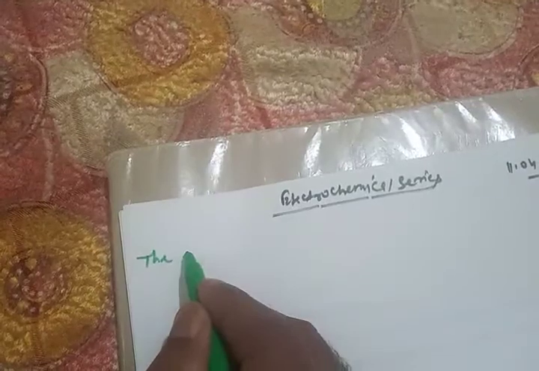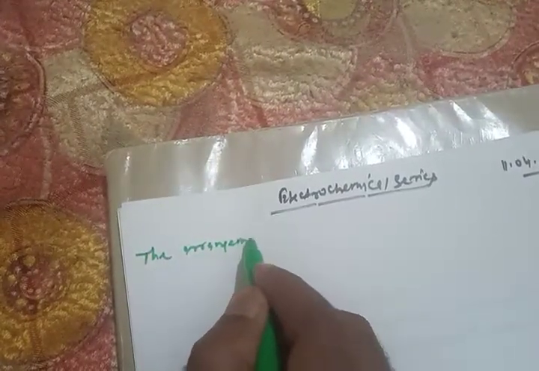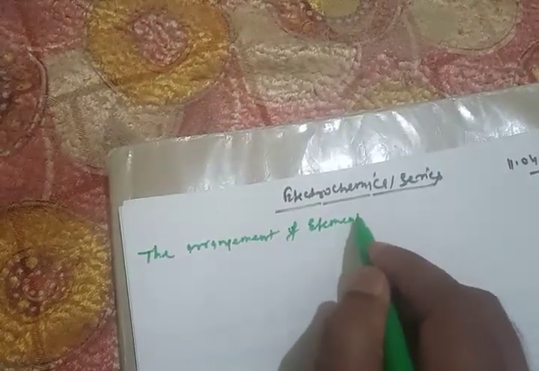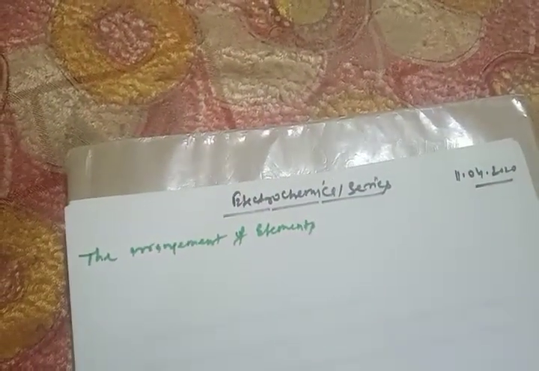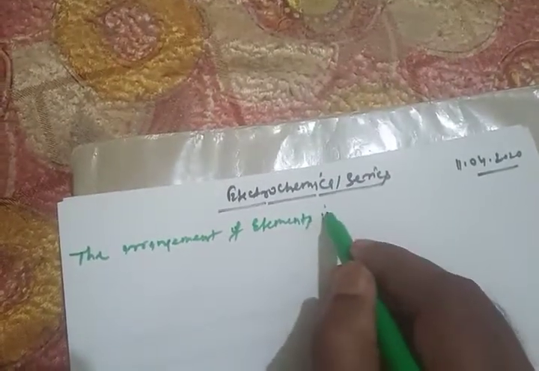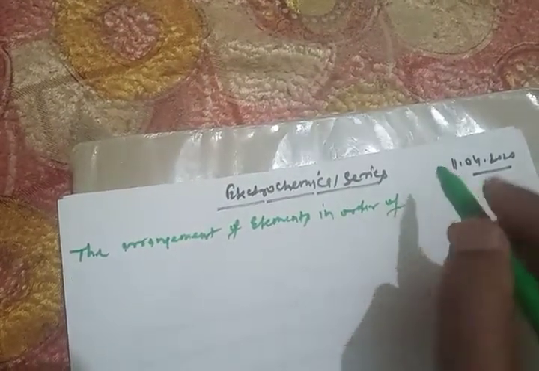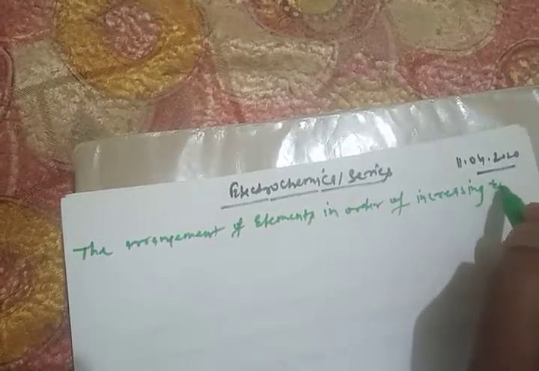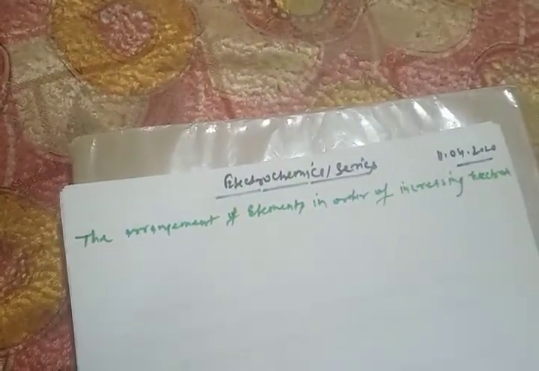The electrochemical series is nothing but the arrangement of elements in order of increasing electrode potential value.